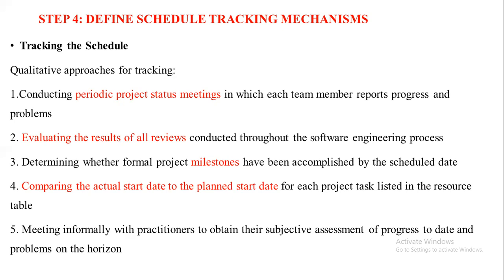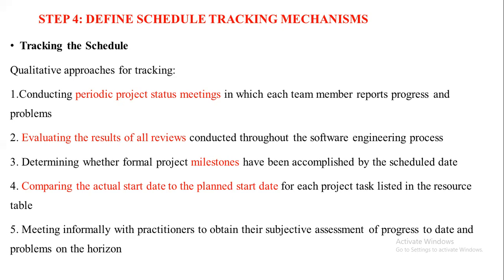Then you have to find out in which order you're going to carry out the tasks. For that, you go for a task network diagram. Then we go for allocating the timelines for each and every activity. That is the Gantt chart. So you know when you have to start and when you have to stop, and you have to fix a milestone.